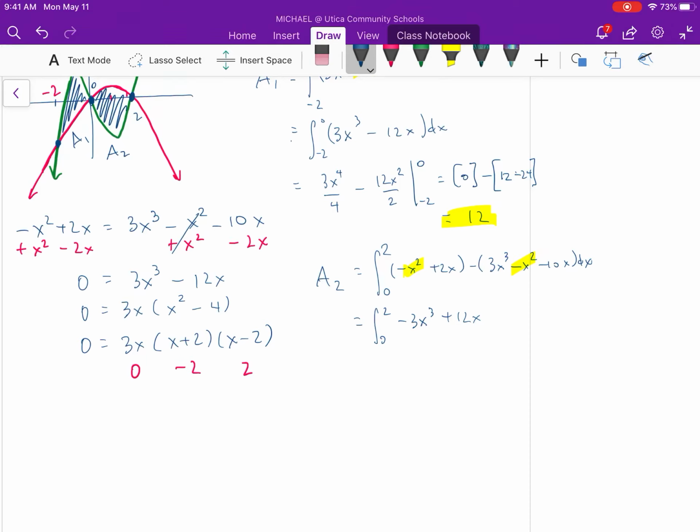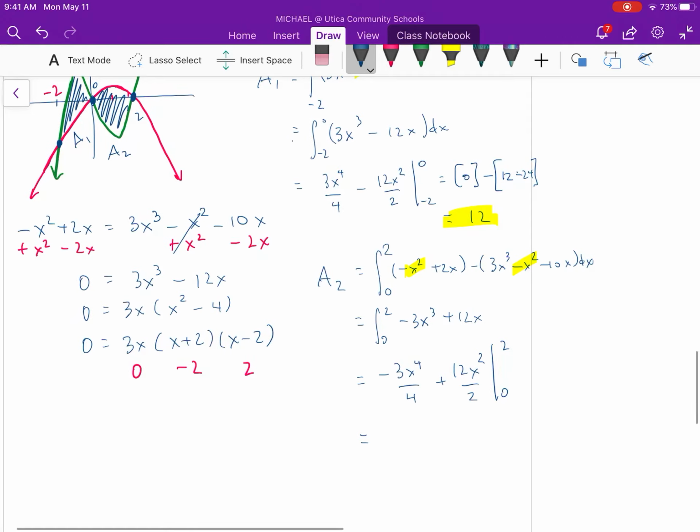So it's the exact same integral, just opposite signs. So I get negative 3x to the 4th over 4 plus 12x squared over 2 from 0 to 2. Plug in a 2, and I get essentially the same thing. I get negative 12 plus 24, which gives me 12.